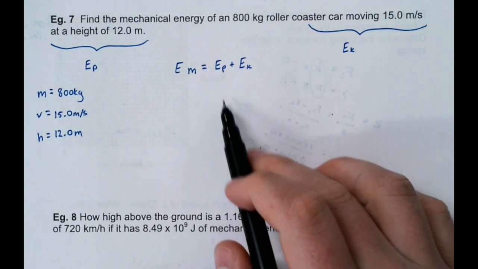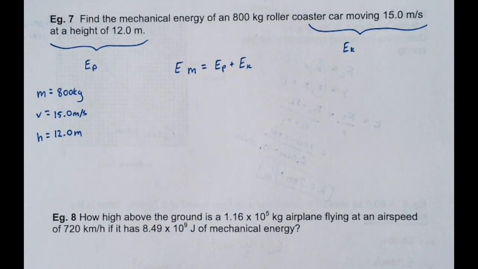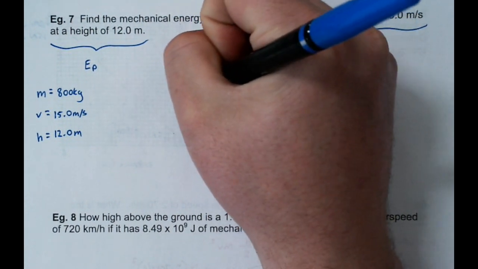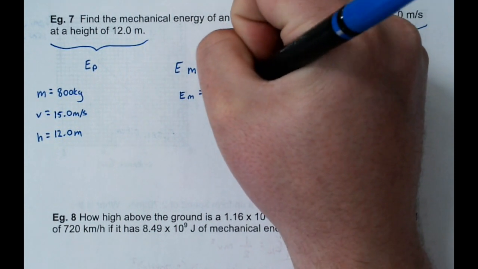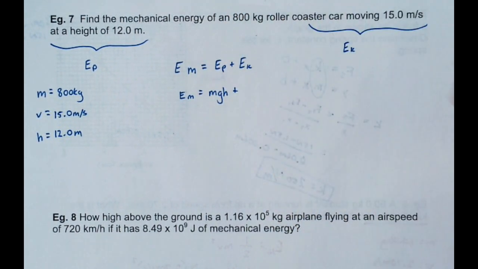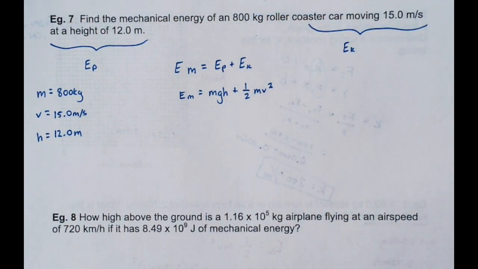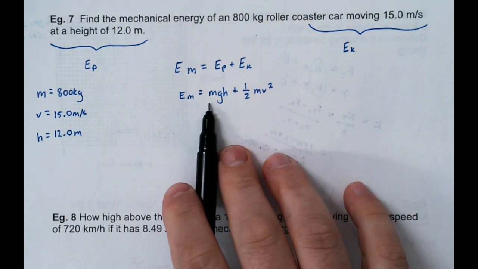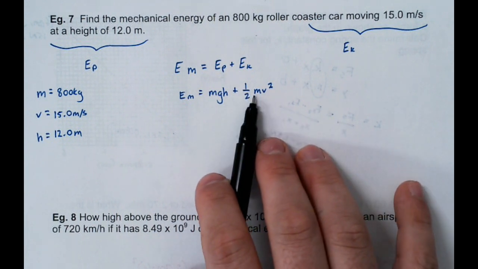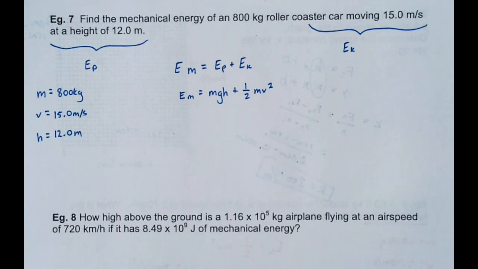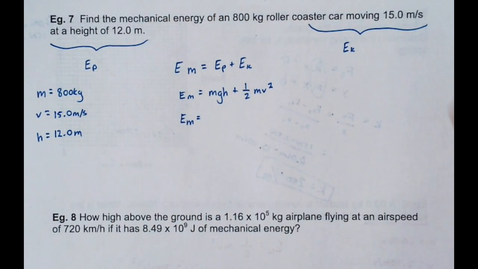So now we're going to plug in our formulas to see if we have enough information to solve. Our mechanical energy is equal to our formula for potential energy, mgh, plus our kinetic energy, 1/2 mv squared. We know the mass, we know the acceleration due to gravity, we know the height, and we know the speed at which it's traveling. So we're able to plug in and solve for mechanical energy.